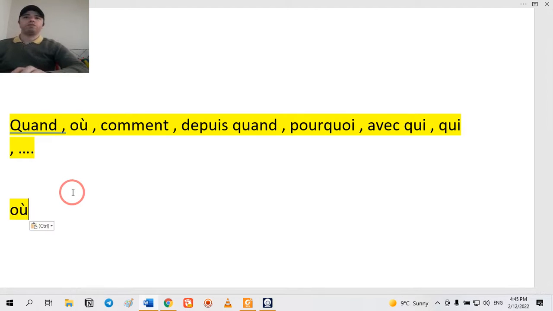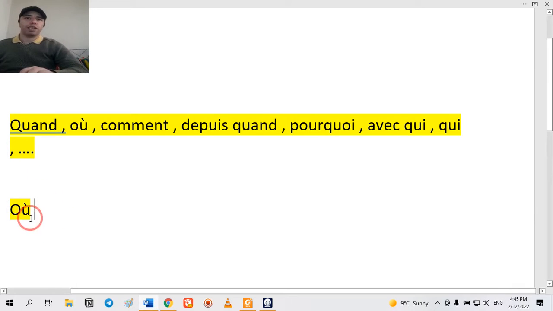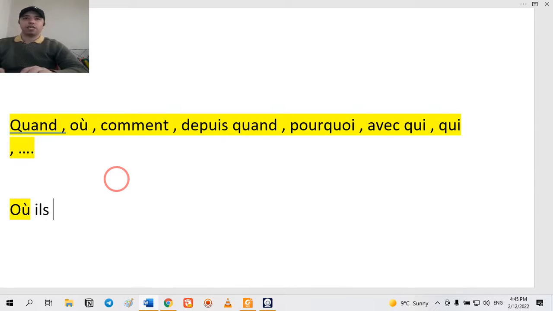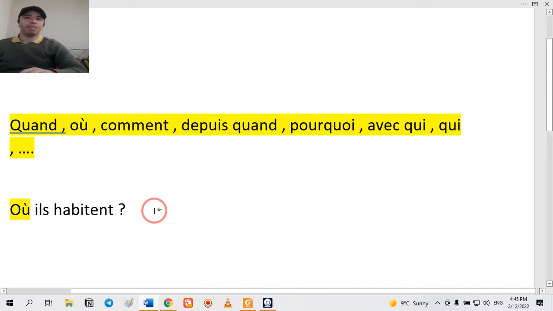Now with the first type, with intonation, you can put your question word at the beginning of the sentence, then the subject and the verb: où ils habitent, where do they live. So the question word, subject, and verb.